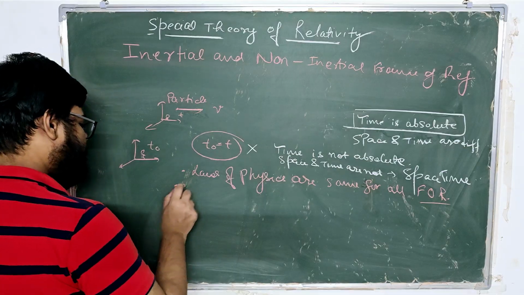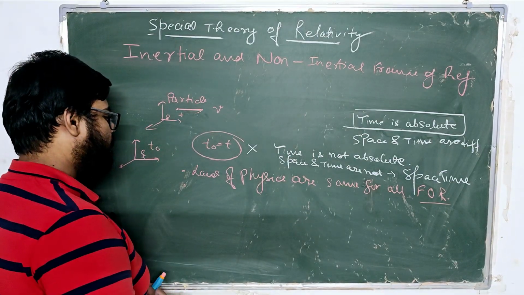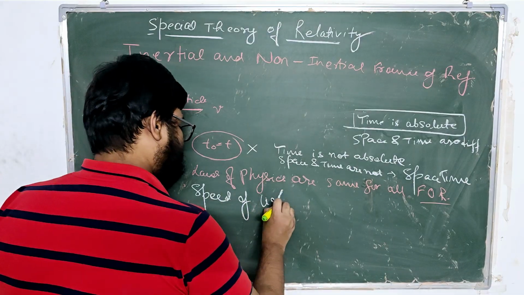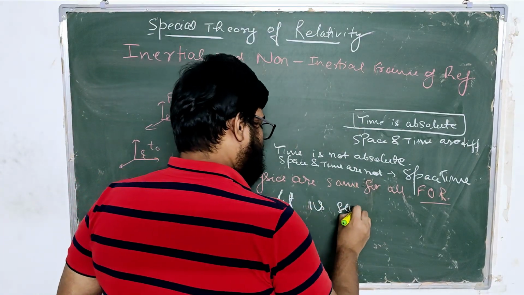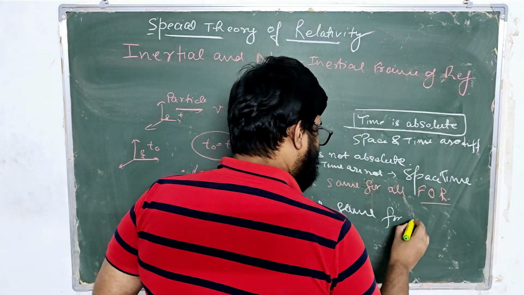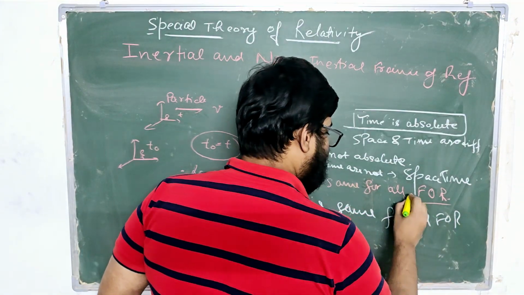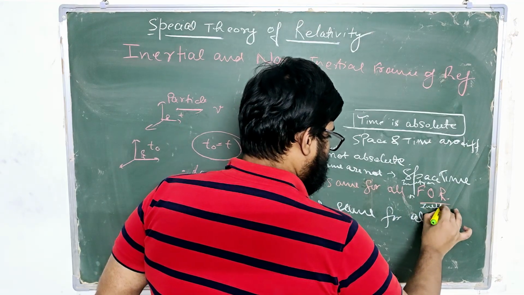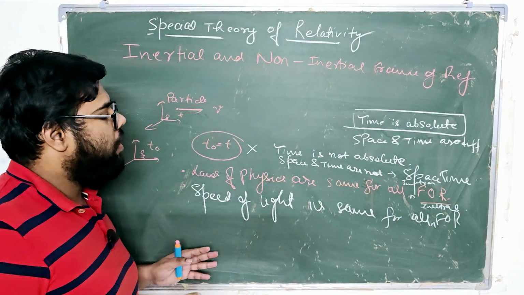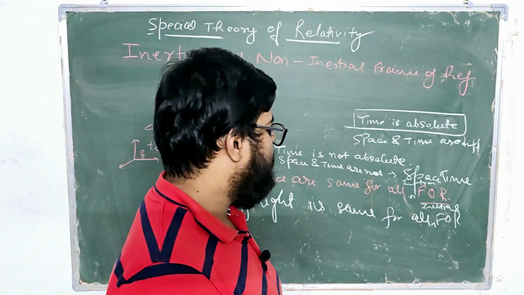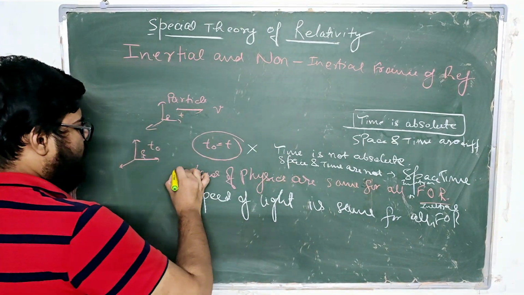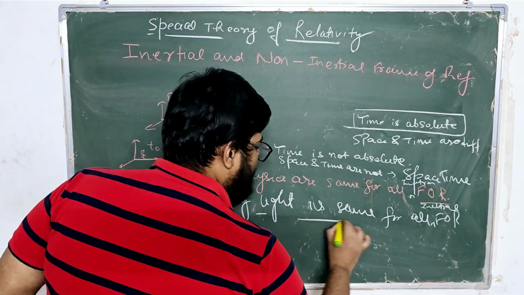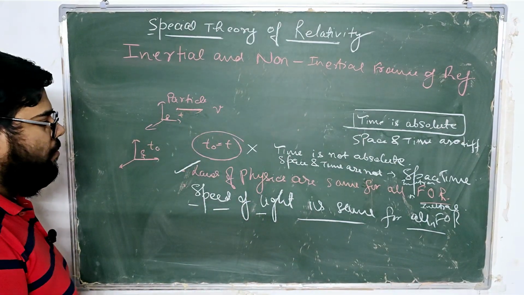Second, the speed of light is the same or constant for all inertial frames of reference. The special theory of relativity deals with inertial frames of reference. So the first one was a bit obvious. The second is the main idea behind relativity.